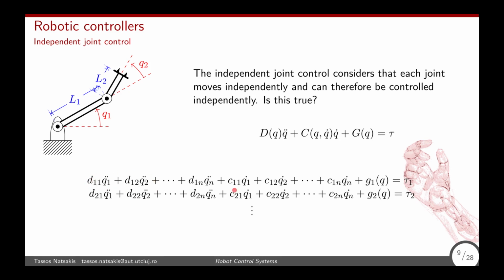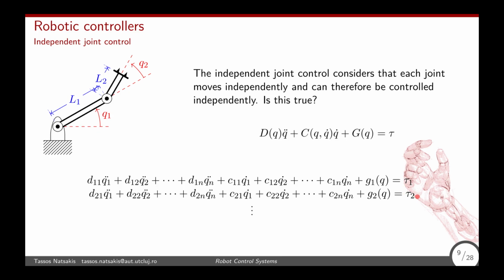So this would be the first row, which would be the first element from the D matrix times the first acceleration plus the second element from the D matrix times the second acceleration, and so on and so forth. And then the first element of the C matrix times the first velocity, the second element times the second velocity, and so on and so forth, and the first element of the gravity term equals the first torque, right?